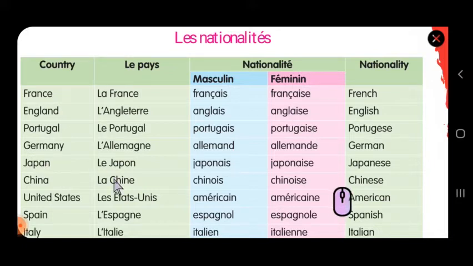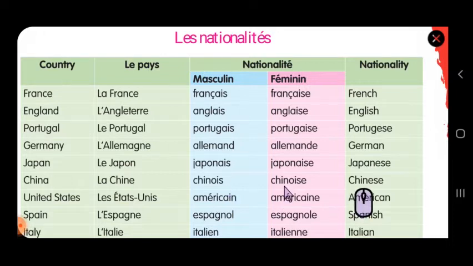Japan. The country's name is Le Japon, Japonais, Japonaise. The next country is China, La Chine, Chinois, Chinoise.